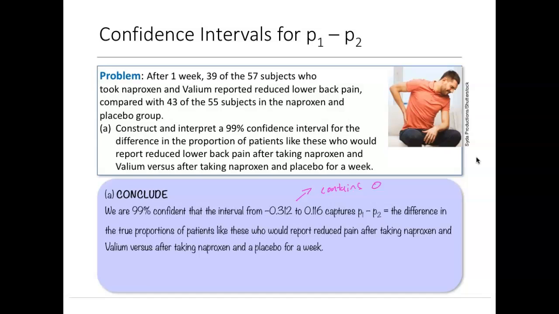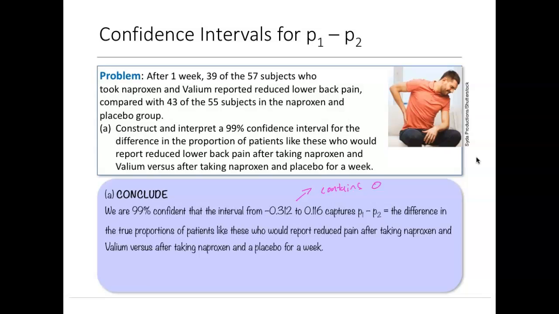What would the interval need to be for us to be able to conclude that Valium was helping? What characteristic would that interval have to have? You were getting at it, Sam. What's that? Yeah, it would have to be all positive values, right?